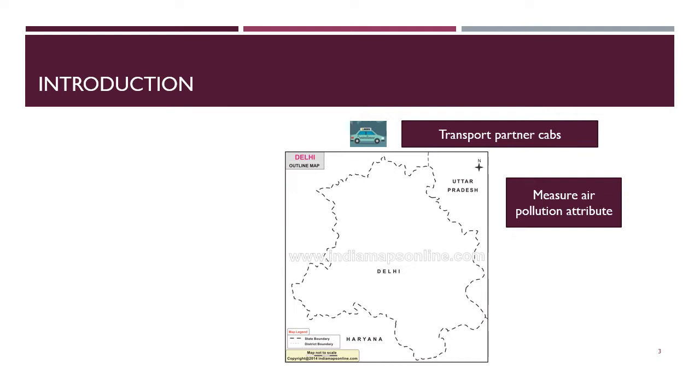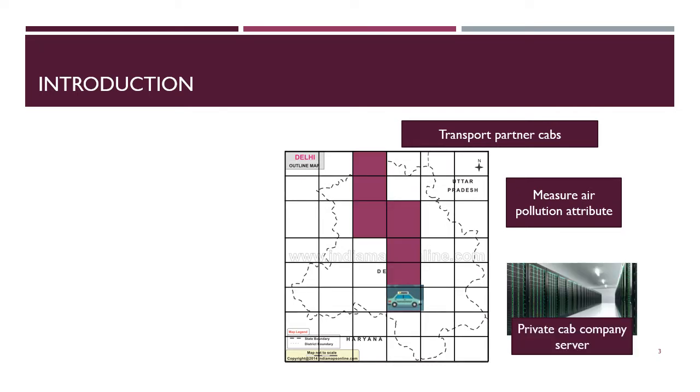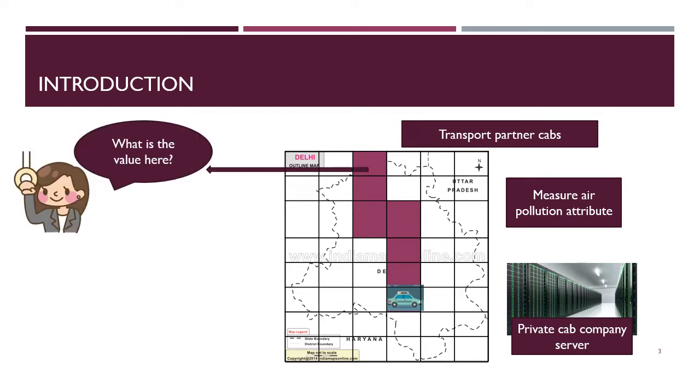Cabs measure pollution values as they roam around the city. Sensed data is then sent to a private cab company server. When a client queries a particular location, the server answers with the PM value.